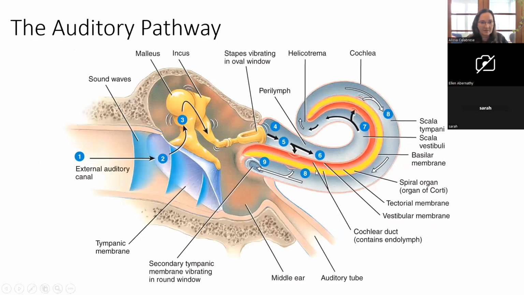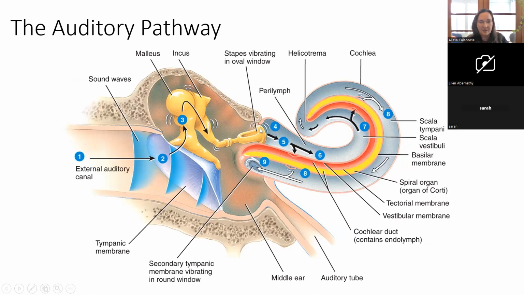All right, so here's the whole pathway of sound. Sounds come in through the external auditory canal. These waves of sound hit the tympanic membrane here, causing it to vibrate. That vibration is amplified by the malleus, incus, and stapes.